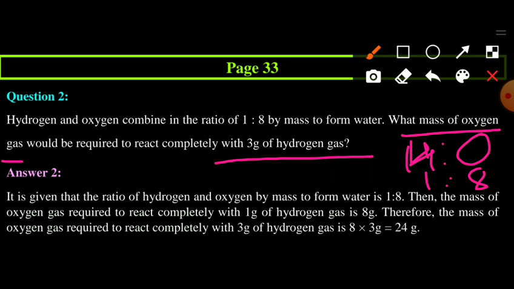Here it is saying 3 gram of hydrogen. It means oxygen should be 8 multiplied by 3. It means it should be 24 gram. Therefore, the mass of the oxygen gas required to react completely with 3 gram of hydrogen gas is 8 multiplied by 3 is equal to 24 gram.